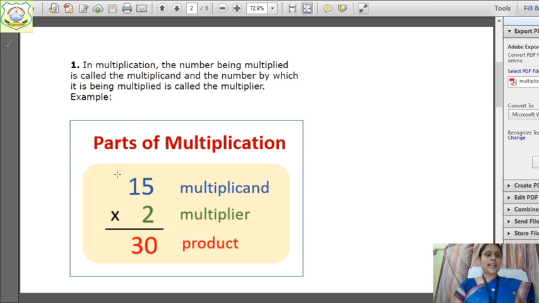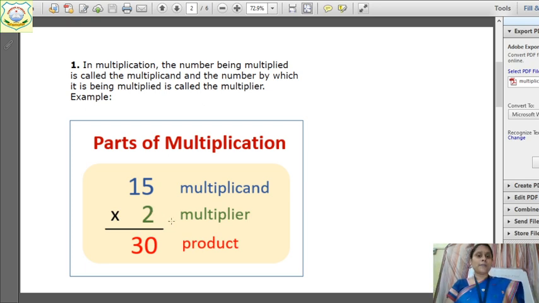You can see the number which is being multiplied is known as multiplicand. Here which number is being multiplied? 15. 15 is being multiplied. So 15 is known as multiplicand. And it is being multiplied with which number? Yes, it is being multiplied with 2.